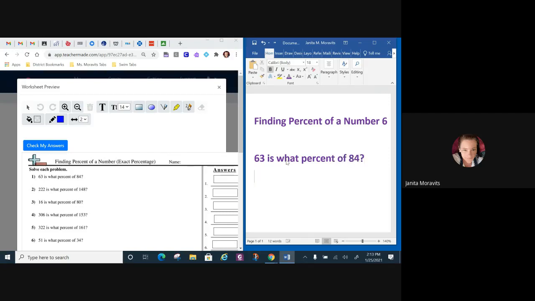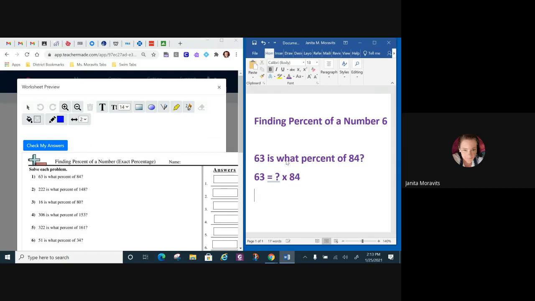Well, all right, so let's start with our 63. What is? Remember, is always what? Equals. Okay, is equals. And we don't know what the percent is, so we're just going to put a question mark there because we don't know what that is. And of always means times.